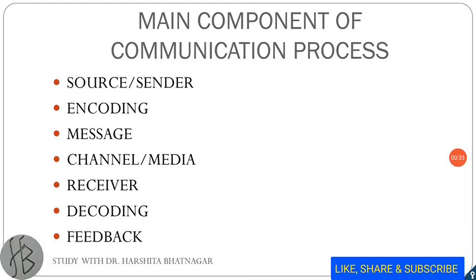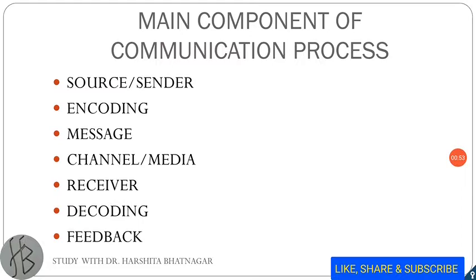There are different components of communication process: source, encoding, message, channel, receiver, decoding, and feedback. So, what is the source? A source is a person who sends or dispatches the information. What do you mean by encoding?